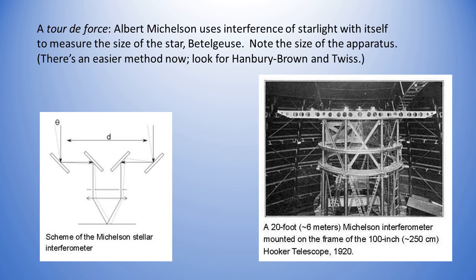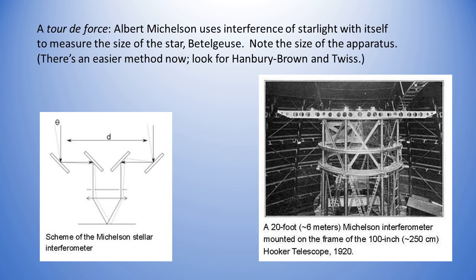But the first test of it was by Michelson of the Michelson-Morley experiment, showing that the ether that electromagnetic waves like light would propagate in doesn't exist. It's just bare space. Anyway, he put an elaborate apparatus on the telescope at Mount Wilson in California and measured the interference of light waves coming from the different sides of the star, basically.